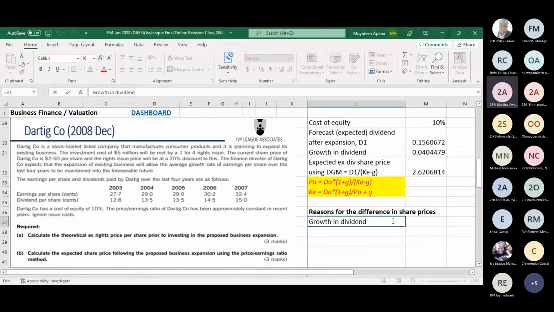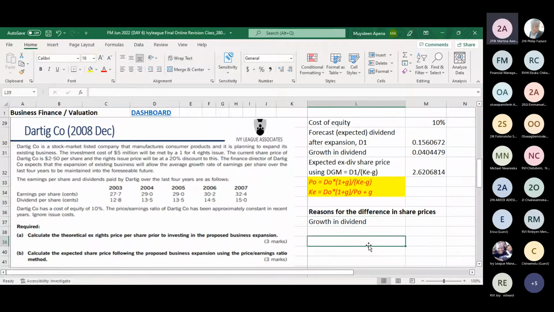I think the reason for the new share price of 2.62 is a result of the growth in dividend which we have calculated. That gave what the expected dividend is going to be. And if dividend is expected to increase, I think that's why the value of the company through its share price is also increasing.